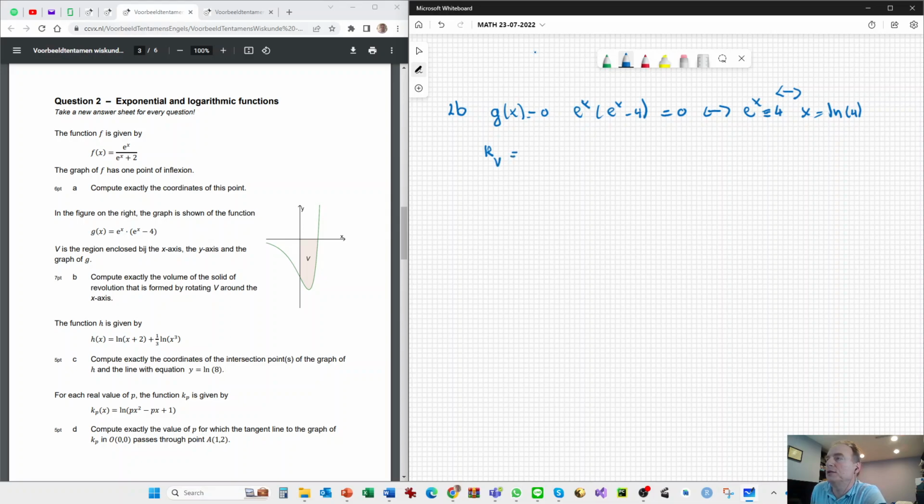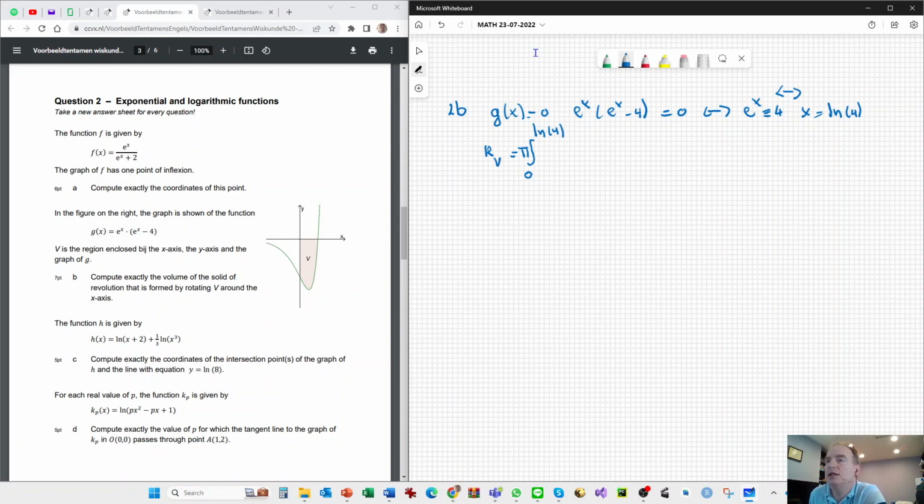It would then be the integral from 0 to log of 4, there have to be pi in front. Just remember the area of a circle is pi r squared, and integrating that will give the rotating volume. And the r squared is basically the function here squared.